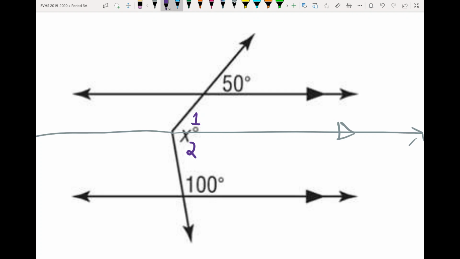Now, what do I know about the 50 degree angle and angle 1? They're not supplementary. They're corresponding angles, because I got two parallel lines cut by this transversal here, and so 50 degrees and angle 1 are corresponding angles. Therefore, that one equals 50 degrees. Now, what about the 100 degree angle and angle 2?